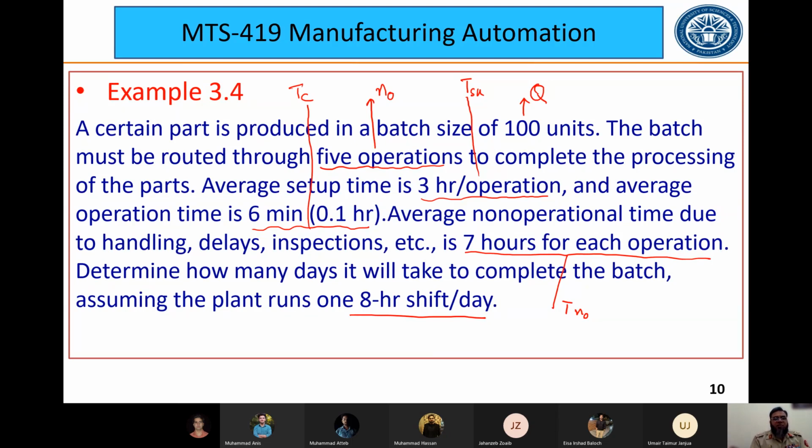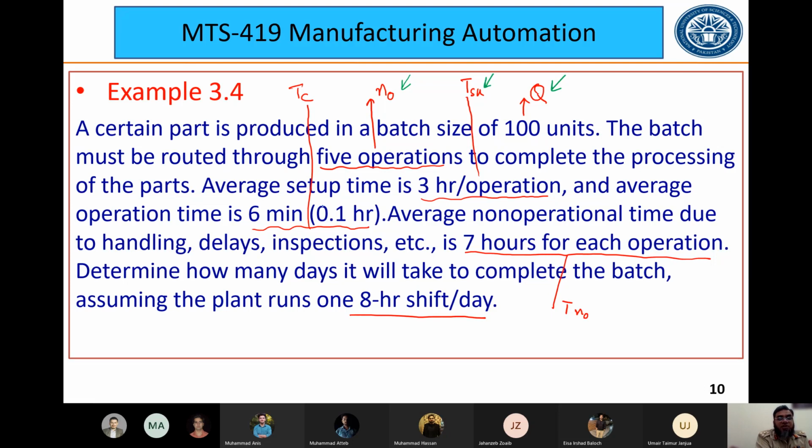I'll just read it out for you and then we will solve it. A certain part is produced in a batch size of 100 units. So Q is given as 100 units, the quantity produced. The batch must be routed through 5 operations, so NO is 5. Average setup time is 3 hours per operation, so each operation will have 3 hours of setup time.